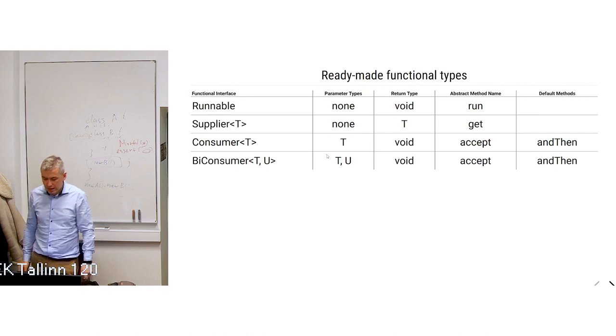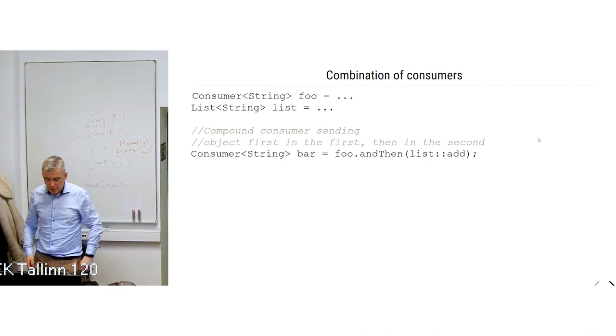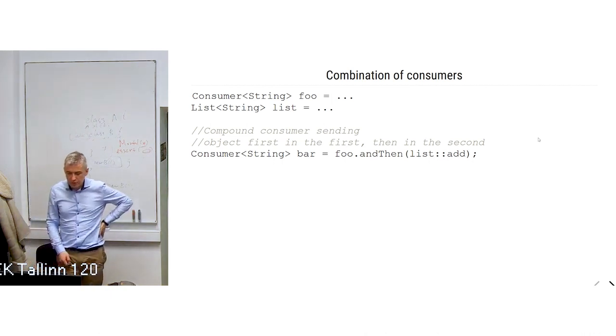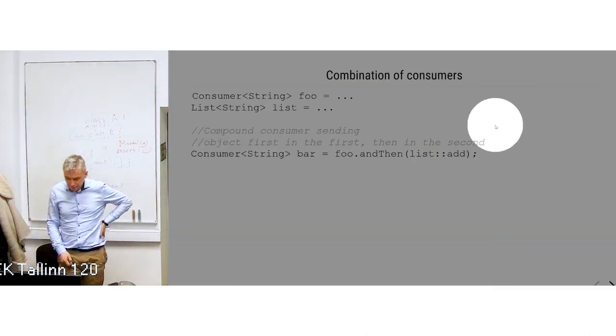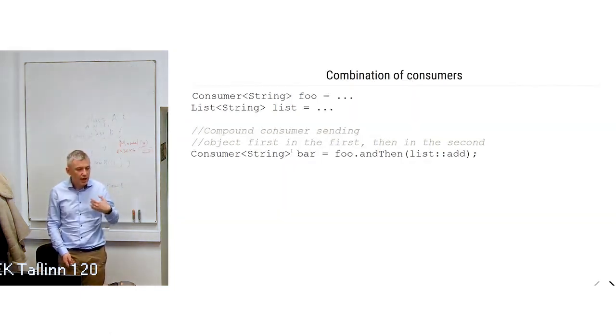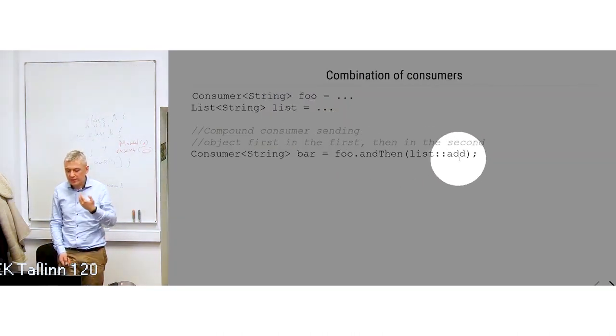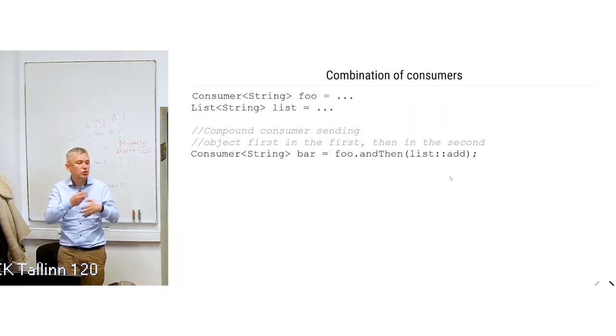Like this. Here you can have some consumer, and you just can write another consumer that will work as a consumer for strings, and it's compounded out of this one. When we write foo.andThen and then list add, this one is a functional expression on two functions.